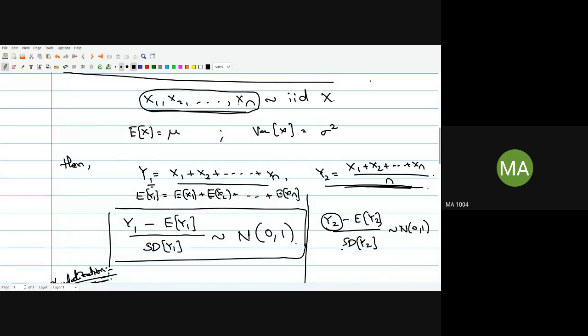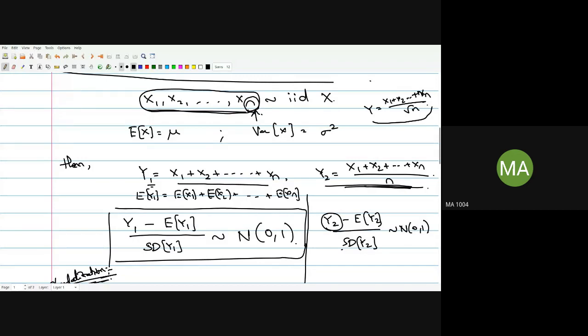x1 to xn are not normally distributed. If you increase this n, or take more and more samples from the distribution, as n goes to infinity, you can treat it like that. If n becomes larger and larger and you have more and more samples, then, I guess sir has used the moment generating function, of this y, which is the sum of the xn divided by root n something.